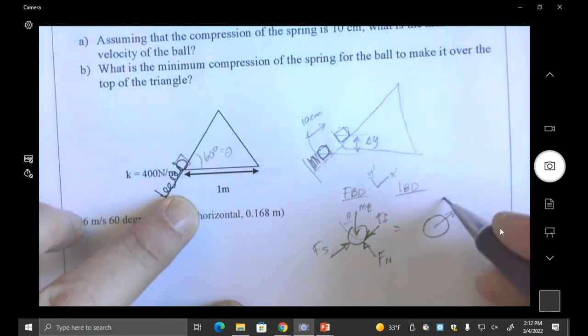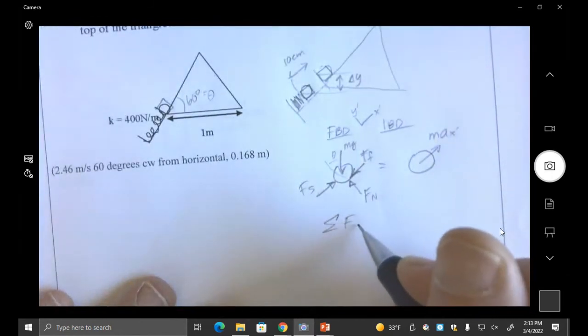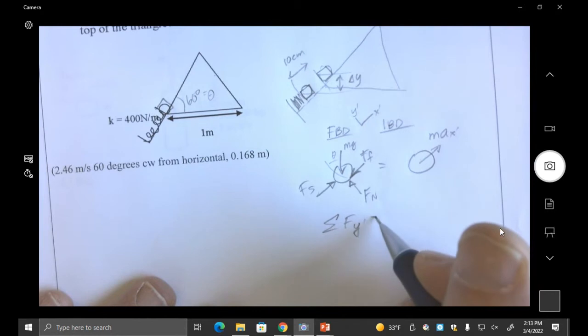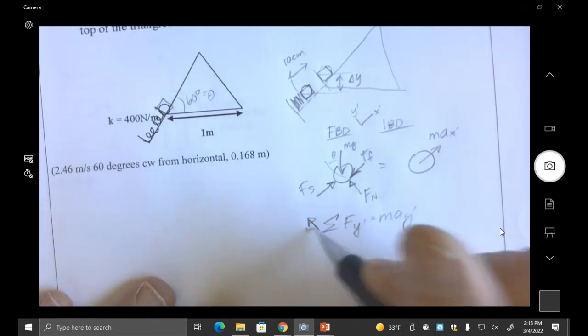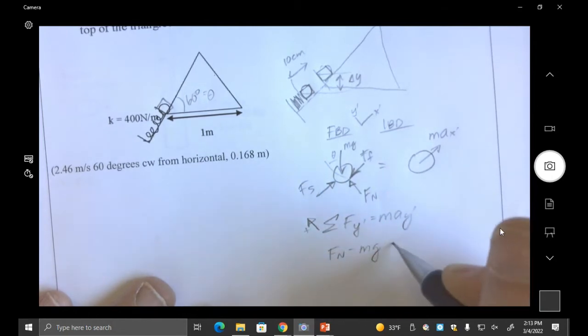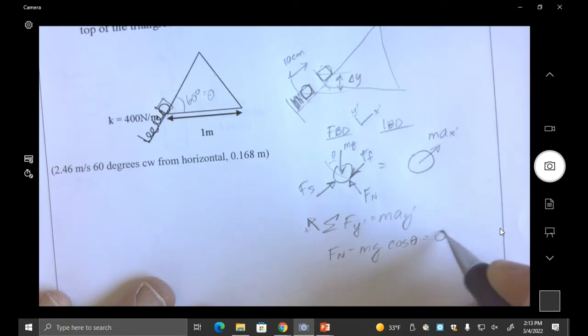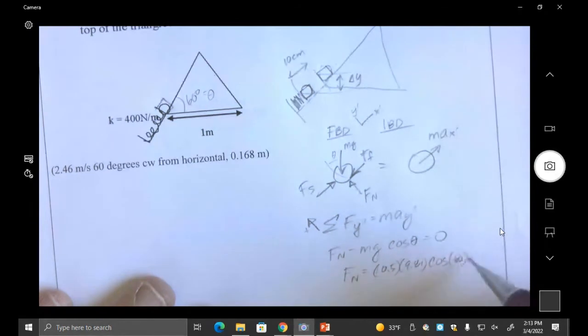It doesn't really matter, because all I'm using this for is in the y prime direction, just to get the normal force, because I need it. Fn minus mg cosine of theta. So Fn is 0.5 times 9.81 times cosine of 60 degrees.